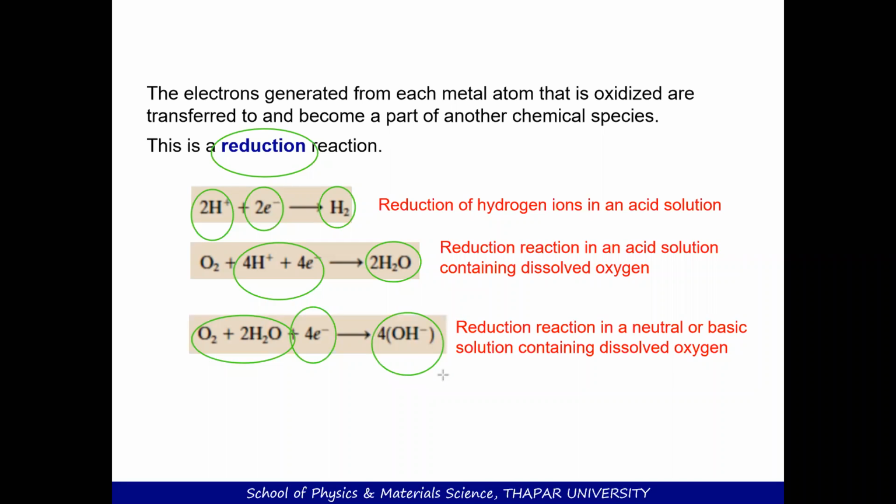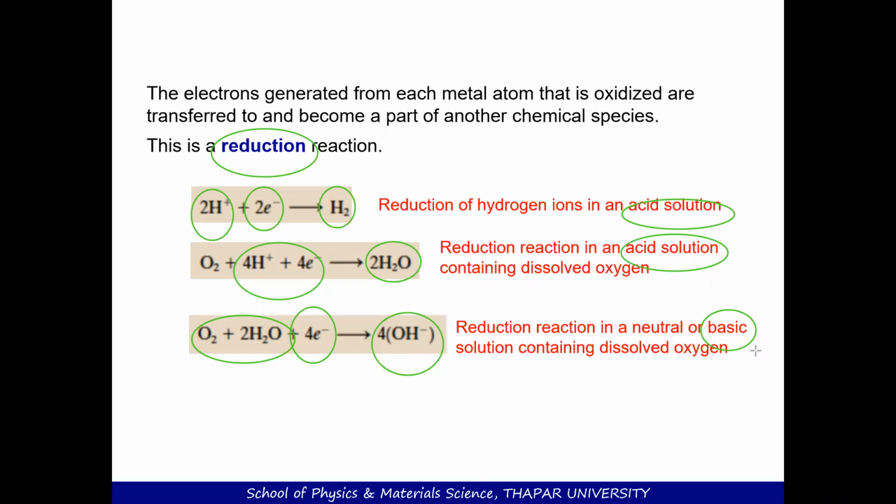So you can have the reduction reaction in the first case with an H plus ion, and the strength of the H plus ion also represents the strength of the acidic solution. So your first reaction is under acidic condition. The second one is also involving H plus ion, so it is also under acidic solution. And the last one ends up in the production of OH minus ion, so it is basically in the basic condition, right?